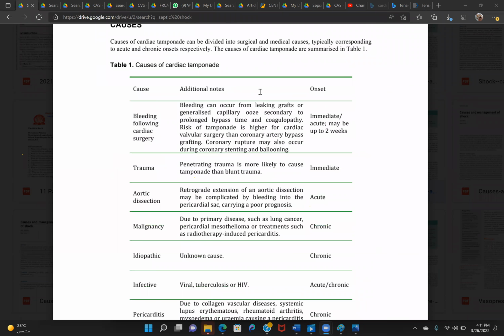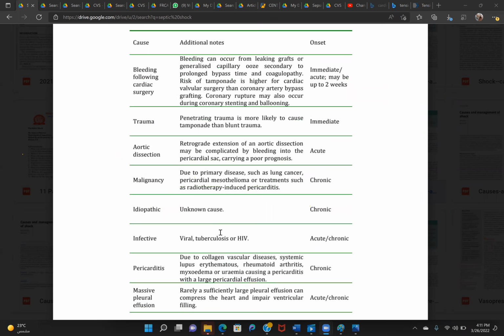collapse. It may occur. Cardiac tamponade may occur usually post cardiac surgery, or after any trauma, aortic dissection, malignancy. Actually, it is anything which is obstructing it. So remember one thing, either it is an infective cause like pericarditis or pericardial effusion.